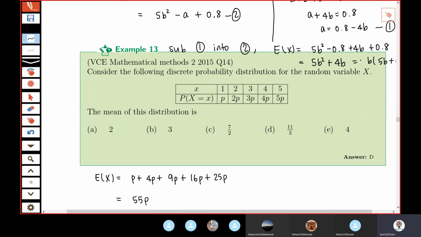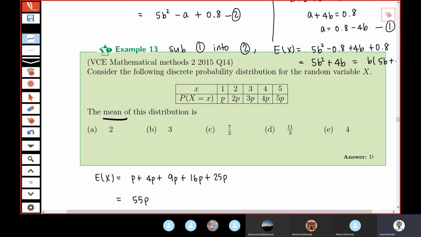Consider the following discrete probability distribution for the random variable x. The mean of this distribution is, saying to find the mean. What's the problem before I can find the mean? What don't I have, obviously? I don't have P, right?